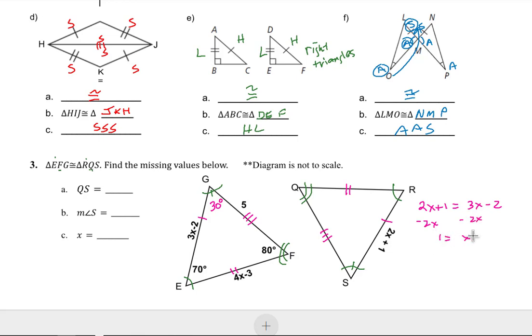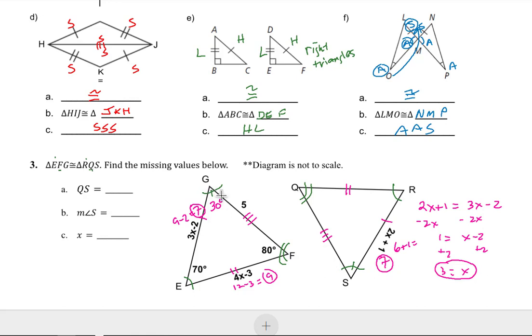So once we find out that x is equal to 3, then we can plug in to the different ones that they give us. So GE is going to have a length of 7. EF is going to have a length of 9, and RS is also going to have a length of 7. And now we can fill in the blanks.